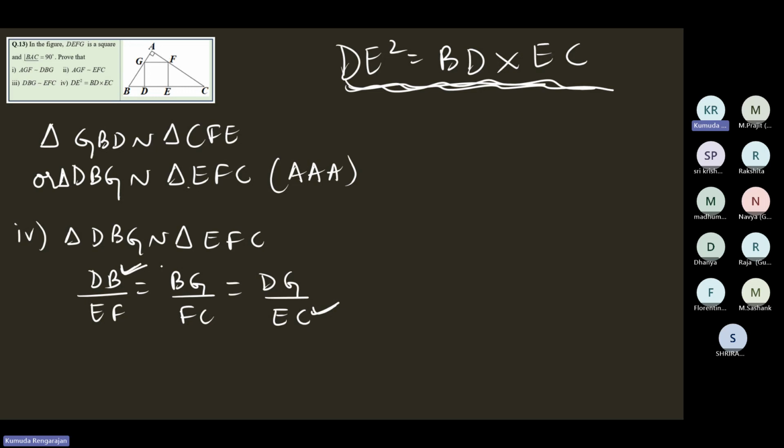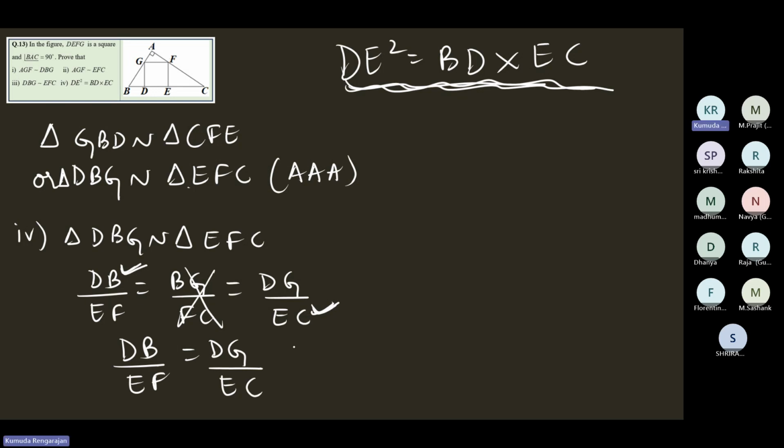And apart from that, we have DE, but DE is nowhere here. But anyway, we can ignore this proportion. So we are going ahead with DB by EF is equal to DG by EC.